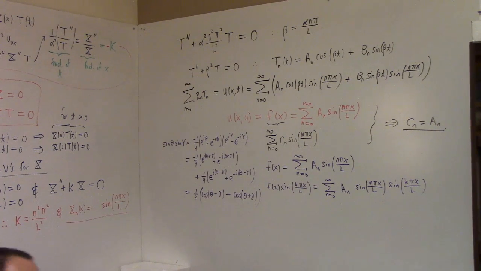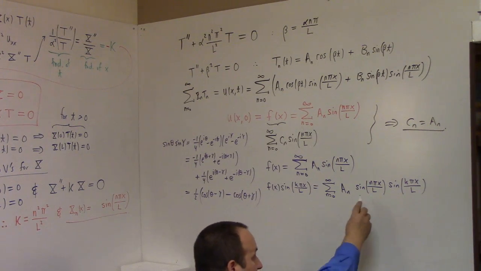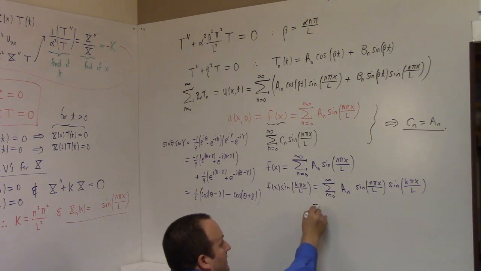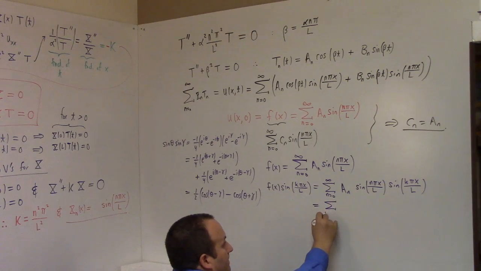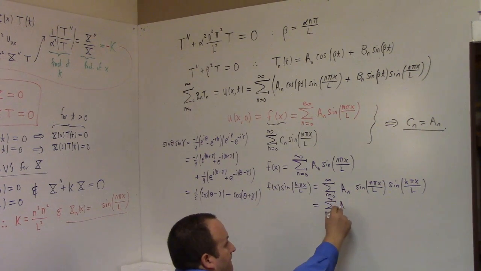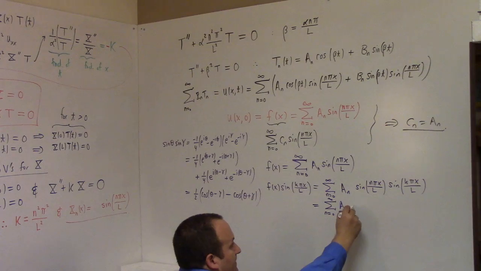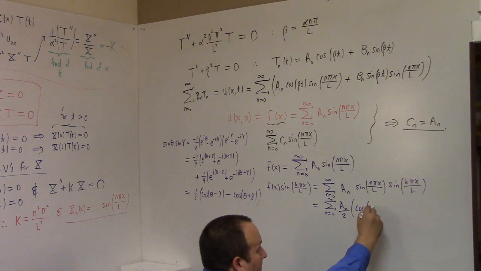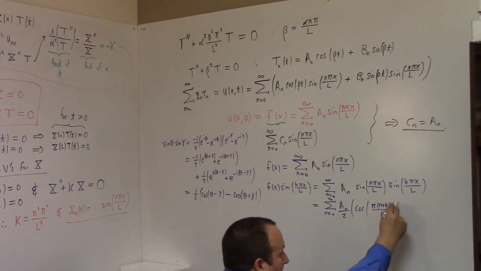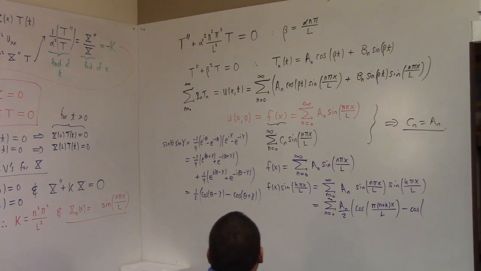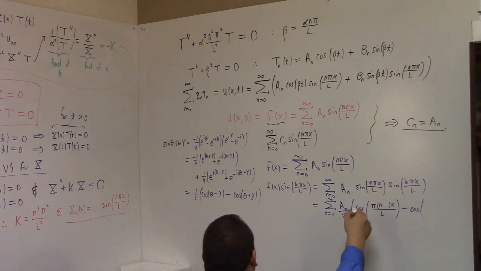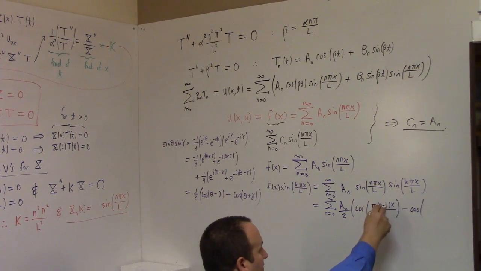but it's probably okay. Now my point is that I can take this and rewrite it as A sub n over 2 times cosine of pi times (n plus k) x over L minus the cosine, did I do that right? Oh, sorry, I'm an idiot. What is it? Cosine of n minus k.